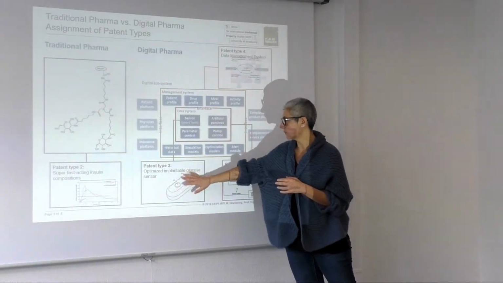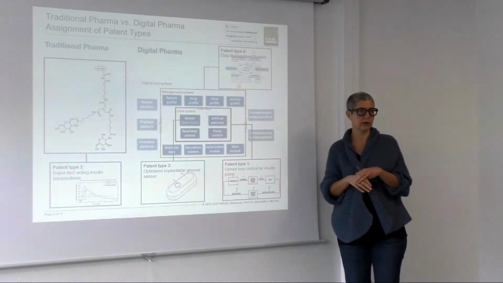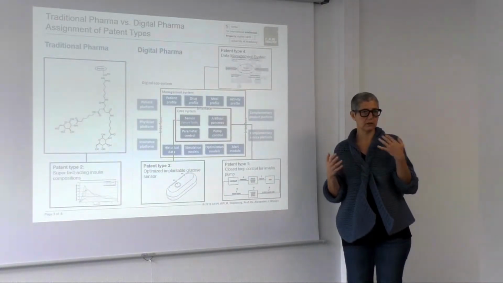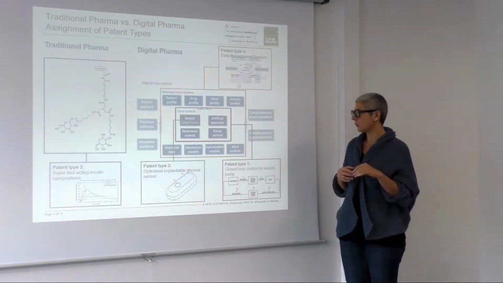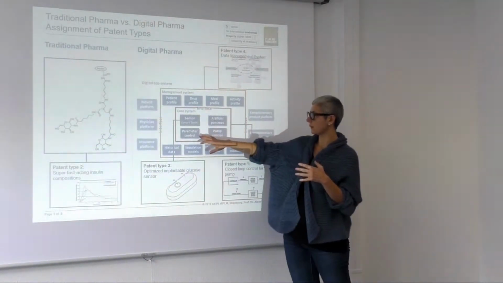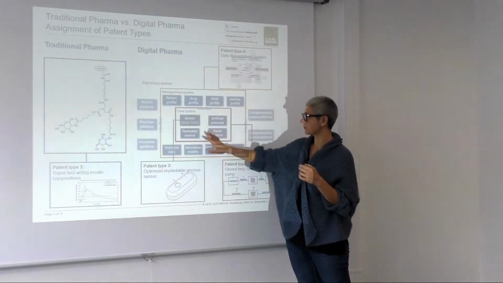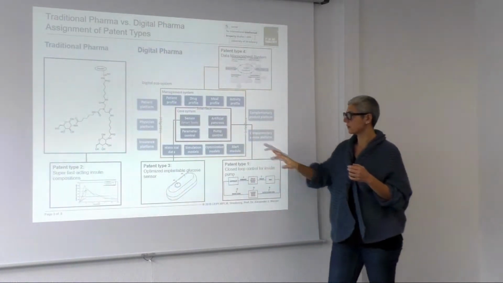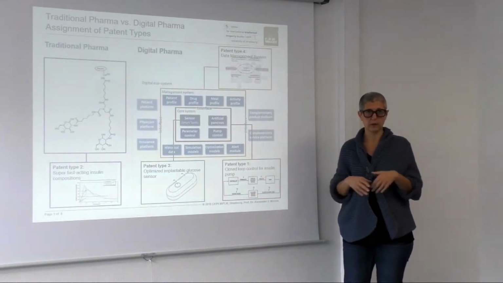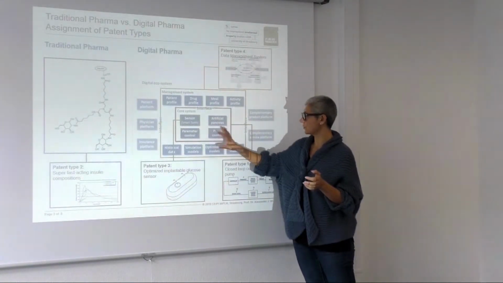We are looking for a sensor which can detect the insulin in the blood and can send a signal to a controlling unit. But then you can have different parts of this system which may or may not be protected with IP yet. Maybe they are known, but they have to be grouped together.